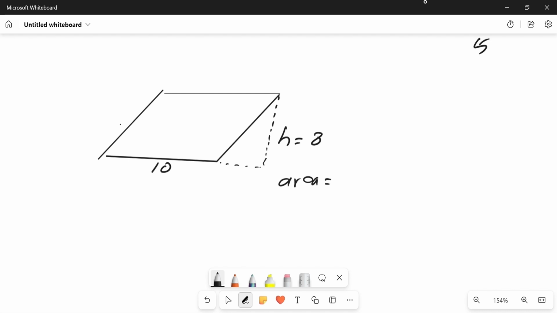Area is base, this is called base, and this is height, 10 times 8. This is not taken. Say this is something else, maybe 9 centimeters. We should multiply base and height, not this length. So 10 times 8, 80 centimeters.